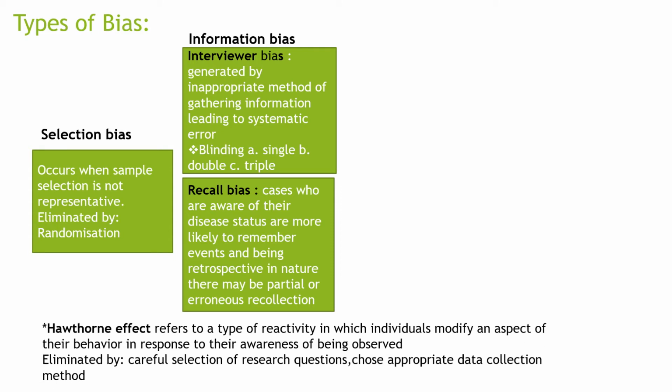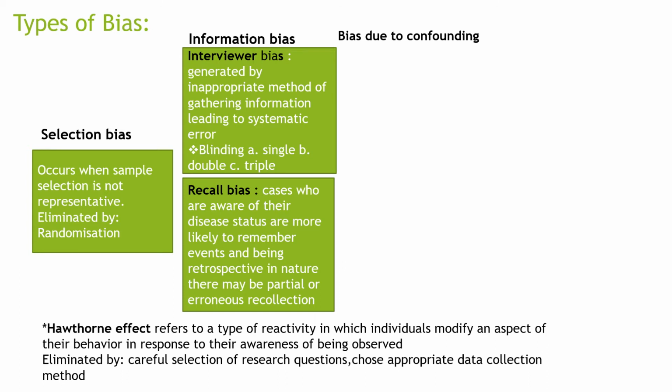This recall bias is affected by the Hawthorne effect, which refers to a type of reactivity in which individuals modify an aspect of their behavior in response to their awareness of being observed. And this is eliminated by careful selection of research questions and choosing the appropriate data collection method.